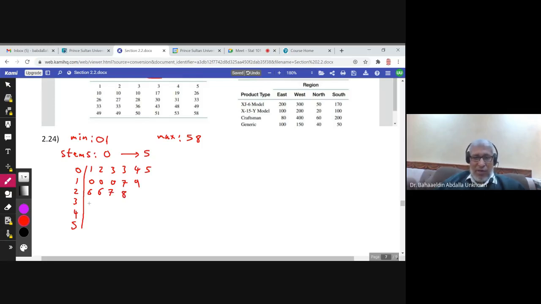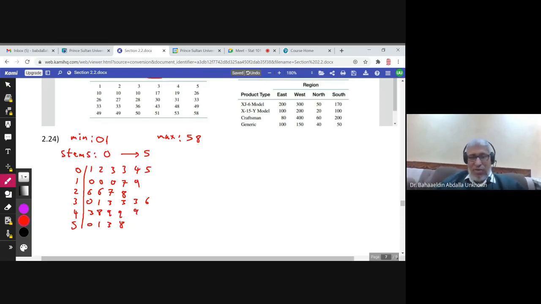For 3, I have 30, 31, 33, another 33, another 33, and 36. For 4, I have 43, 48, 49, another 49, another 49. For 5, I have 50, 51, 53, and 58. So this is a stem and leaf.